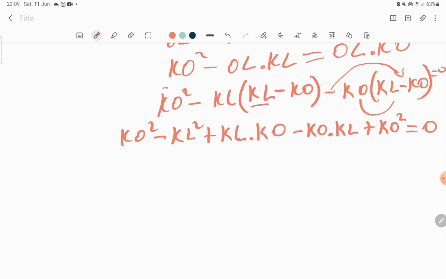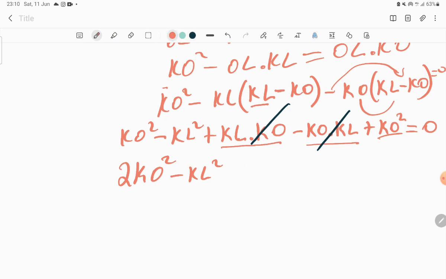Now on that note, we can see that KO squared plus KO squared give us 2KO squared. Then we also have negative KL squared. Then KL times that and this times that, you can see that these are like terms and additive inverses, they just give us 0.